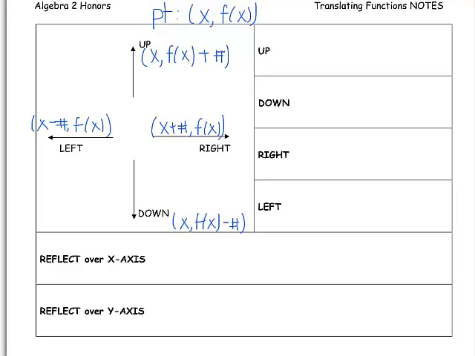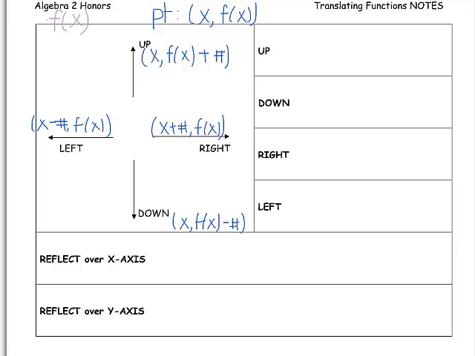So hopefully you looked at that in Algebra 1, taking points and moving them around the coordinate plane. Now this is going to be a little bit different when we're looking at functions themselves. All right? So I have a function. My function is f of x. Okay?